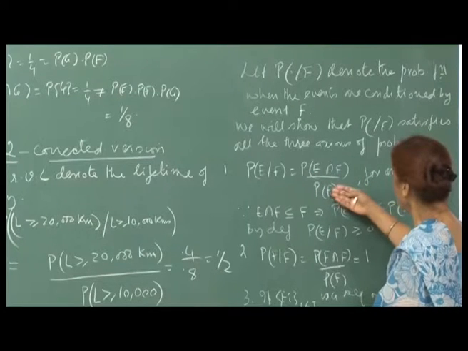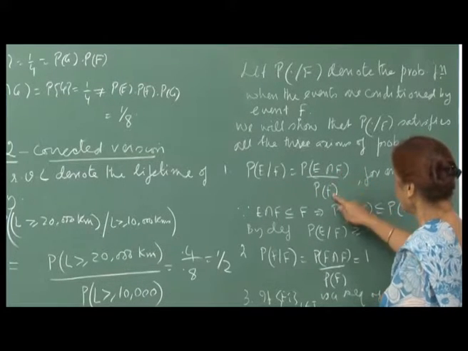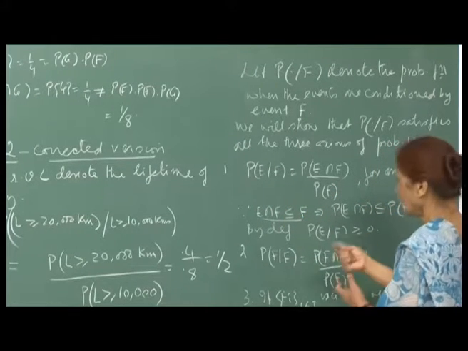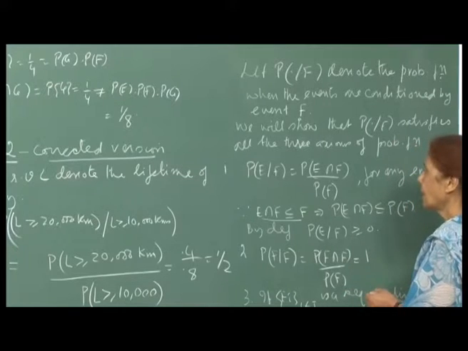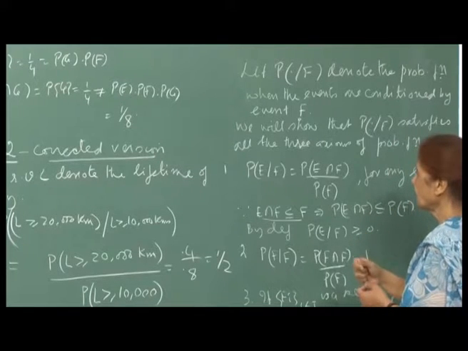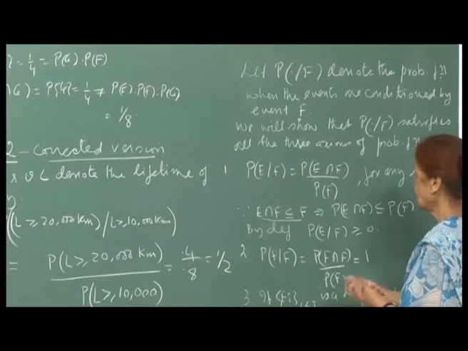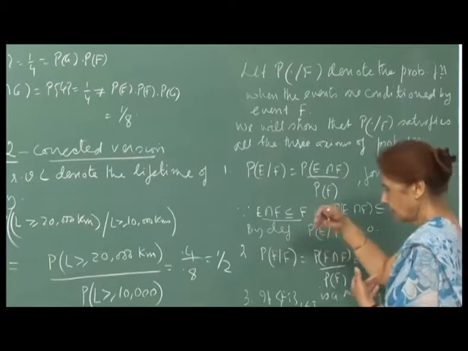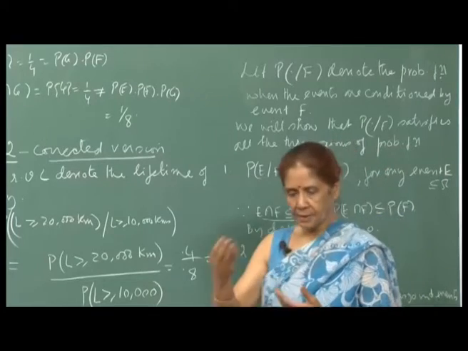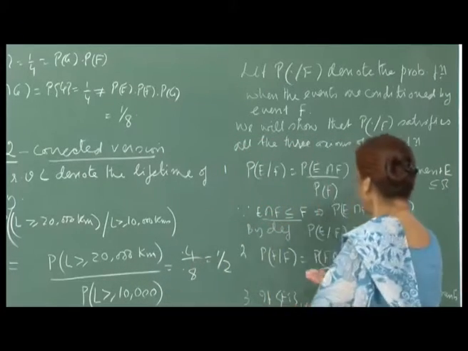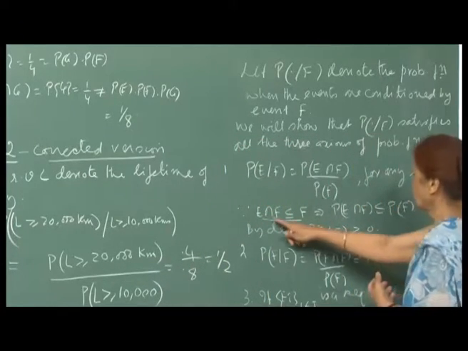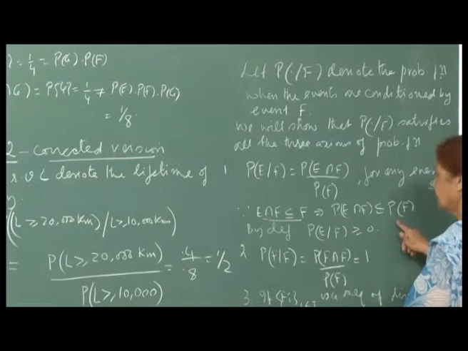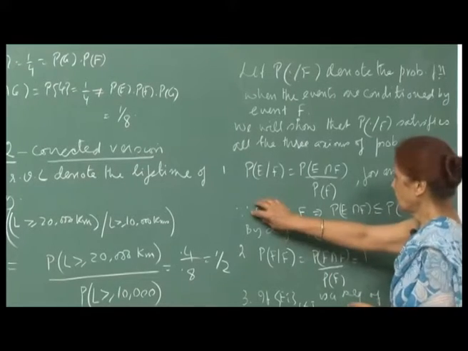Now, you see that E intersection F is a subset of F. Remember, after giving the axioms, we proved some propositions, and there I showed that if one event is a subset of another, then its probability is less than or equal to the other's. So, the probability of E intersection F will be less than or equal to the probability of F, because this is a smaller event.